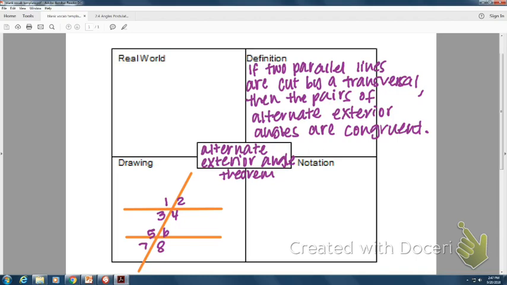Outside of your parallel lines. So what do you think is one pair of alternate exterior angles? 1 and 8, and 2 and 7. It has to be alternate sides of the transversal and outside of your two parallel lines.